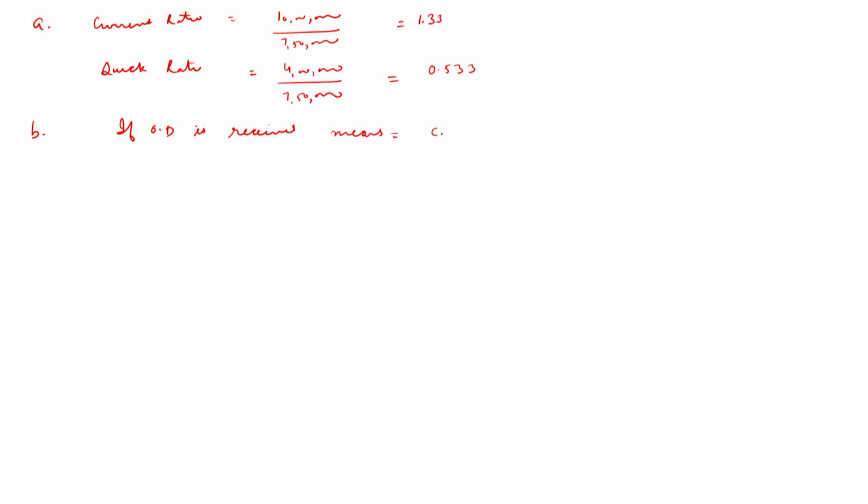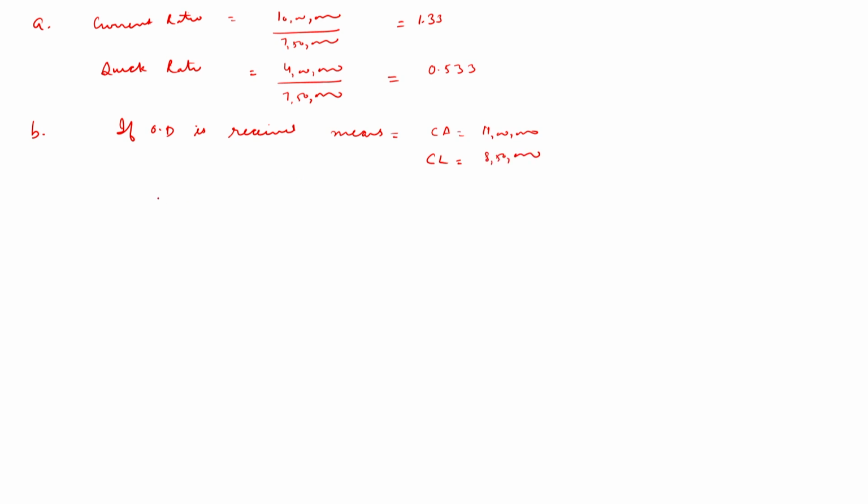So the new current assets will become 10 lakh plus the new overdraft of 1 lakh, total 11 lakh rupees inclusive of overdraft. Similarly, our revised current liabilities, which were 7,50,000, will also increase by 1 lakh and the total becomes 8,50,000.